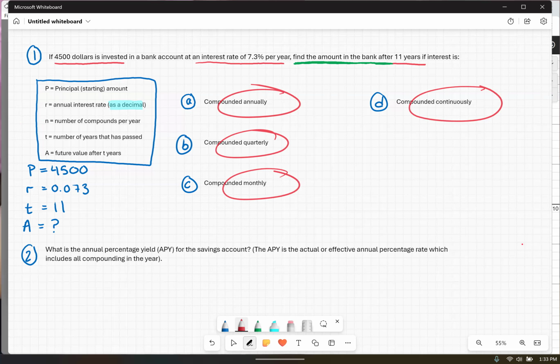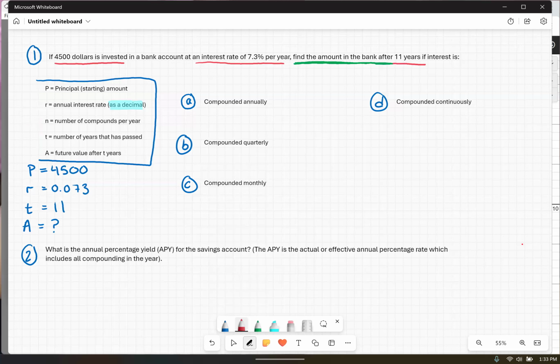Over here, N is the number of compounds per year. So now let's establish the equations that we're going to be using. It depends on which type of interest we're using. And I'm not going to explain the different formulas and the different types of interest in this video. I just want to work through the problem.